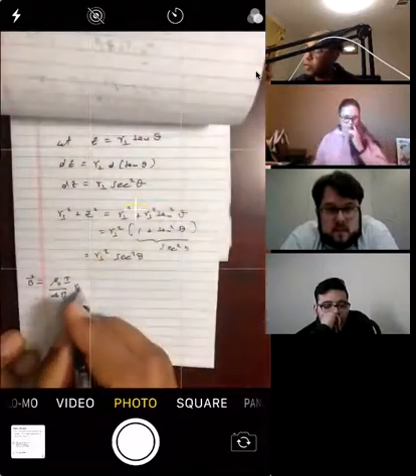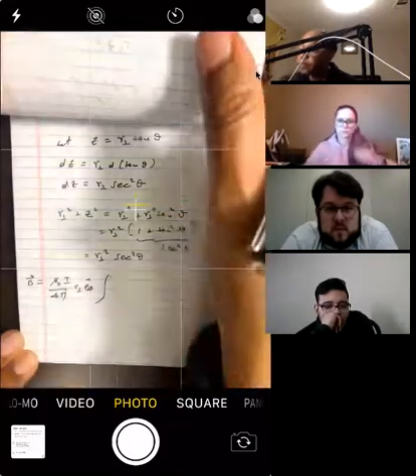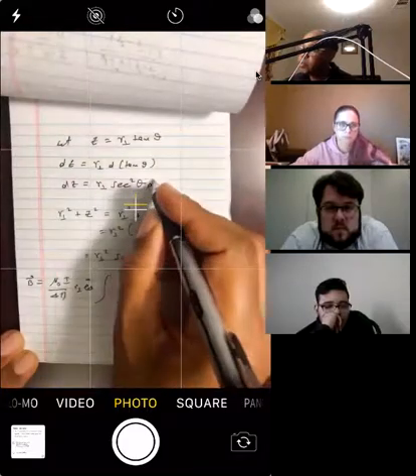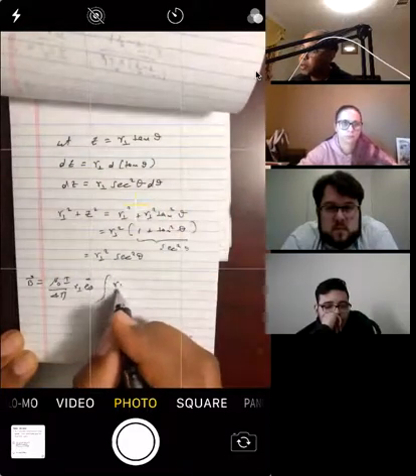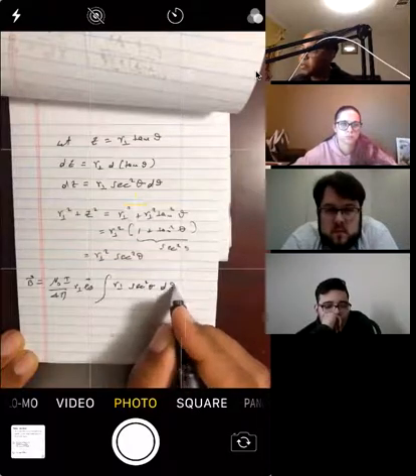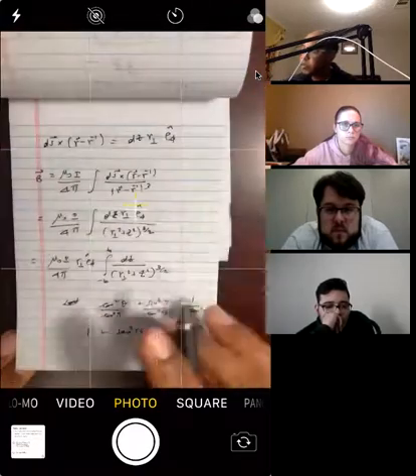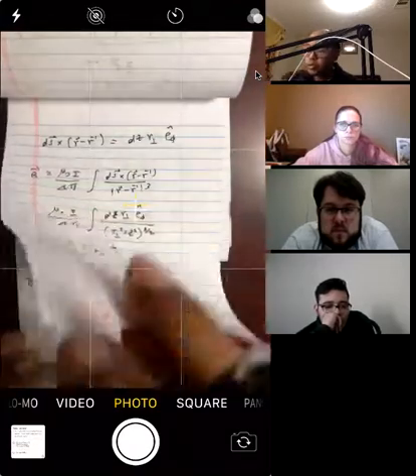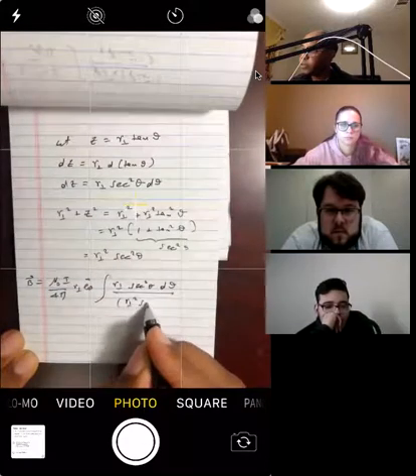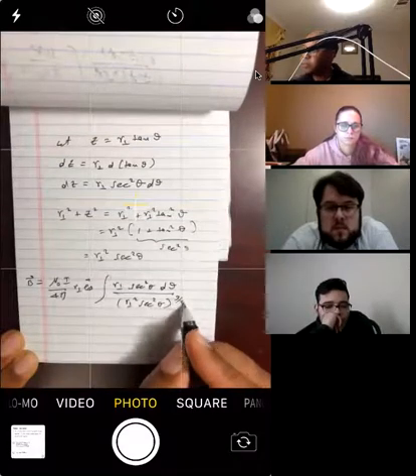Now the integral: I have dz, which is r perpendicular sec squared theta d theta. And then this expression over here is r perpendicular squared sec squared theta, so we have r perpendicular squared sec squared theta to the power of 3 over 2.